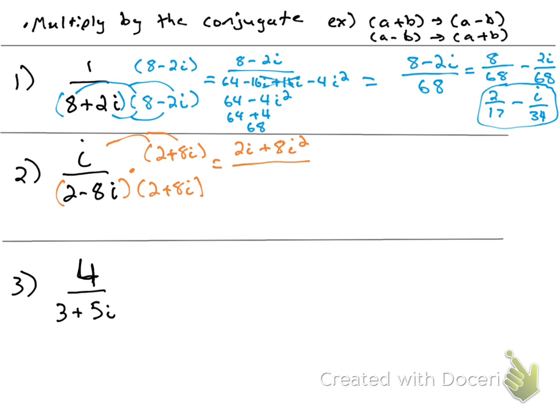Now again, here on the bottom, I'll do the first term squared minus the second term squared. You can FOIL if you want to, but I'm just doing first term squared minus the second term squared.